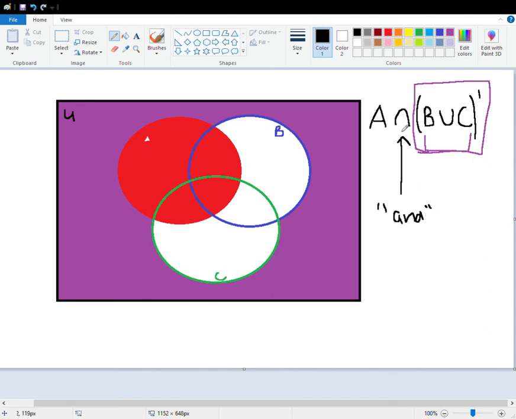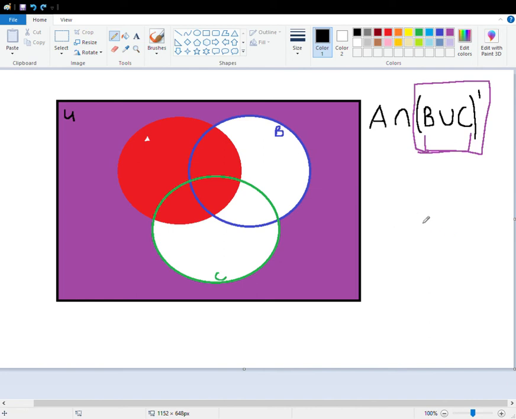This is an exclusive and, meaning we need the region that is only contained within both of the subregions. What I mean by that is we want the subregion that is A and B or C complement. You'll see what I mean when we start shading them.